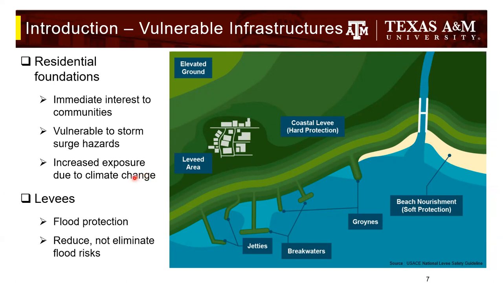But it is also important for us to understand how they would react to changing climates or coastal hazards. On the right-hand side, we see the traditional protection systems, like breakwaters, jetties, and groins, which are some of the methods mentioned by the US Army Corps of Engineers on how we can protect our coastline.